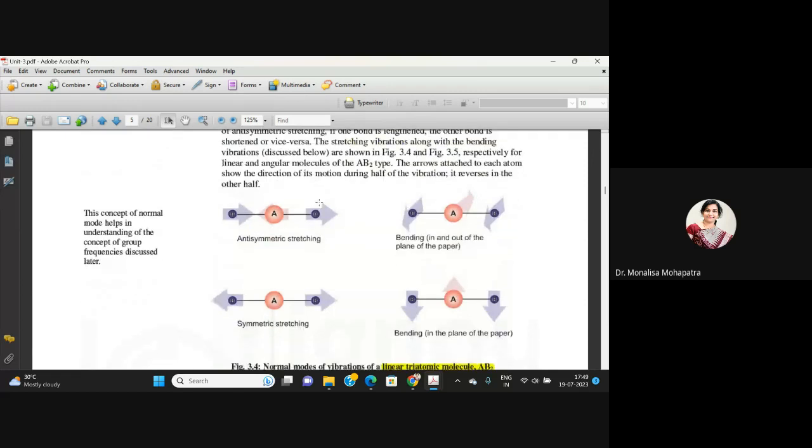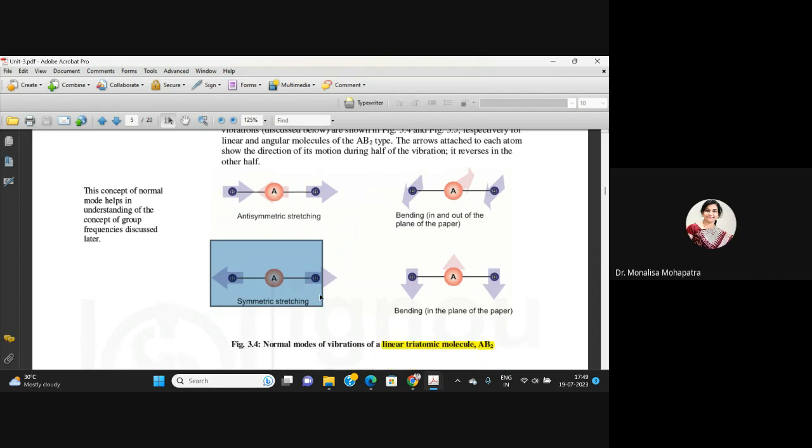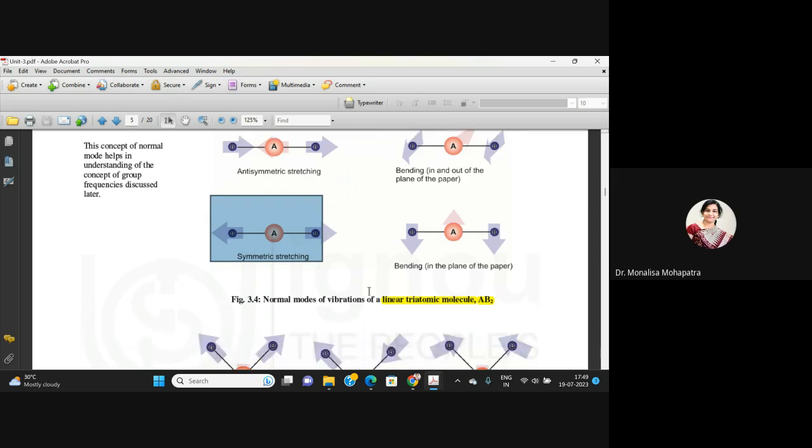For anti-symmetric stretching, if you pull your hands in a single direction, one bond comes towards the molecule center and one goes away. For symmetric stretching, you evenly pull your two hands and your body remains intact. Bending can be out of plane or in plane.